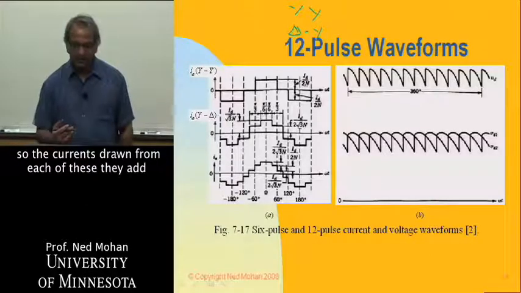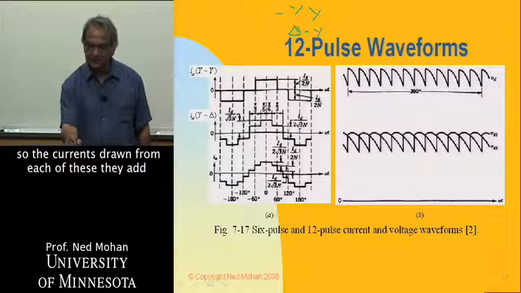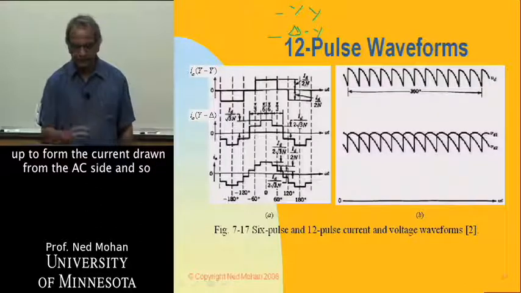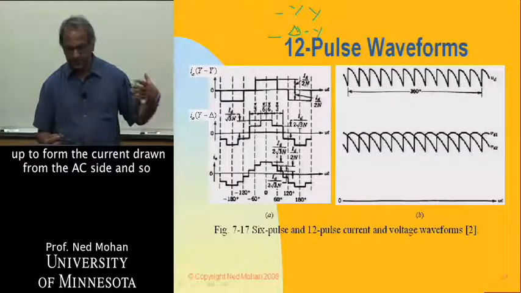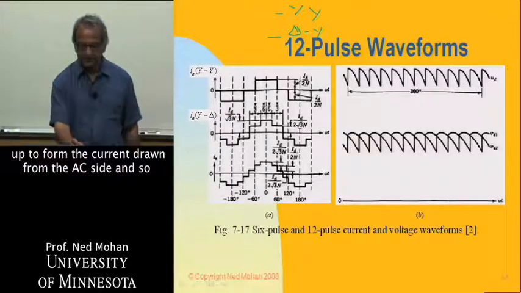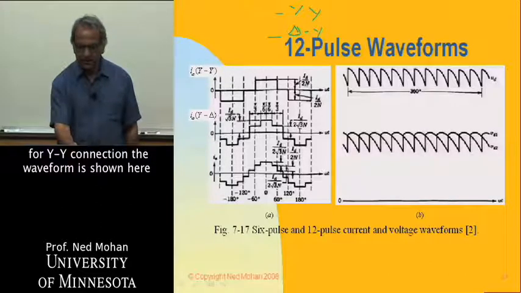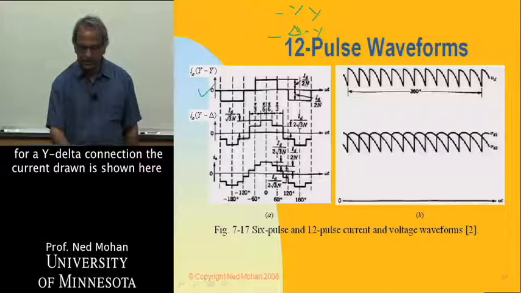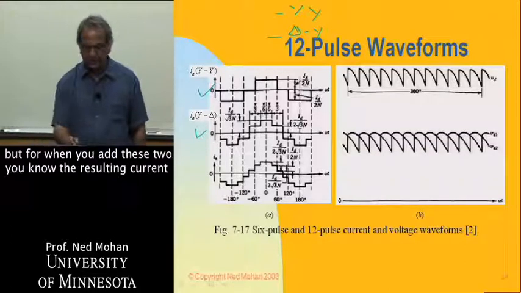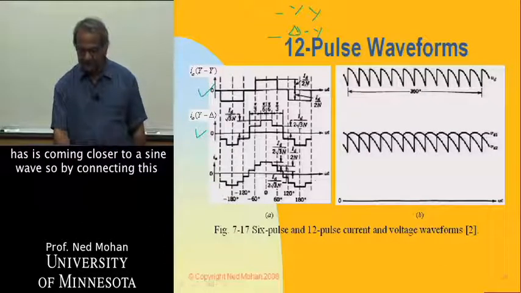So the currents drawn from each of these add up to form the current drawn from the AC side. And so for YY connection, the waveform is shown here. For a Y delta connection, the current drawn is shown here. But when you add these two, the resultant current is coming closer to a sine wave.